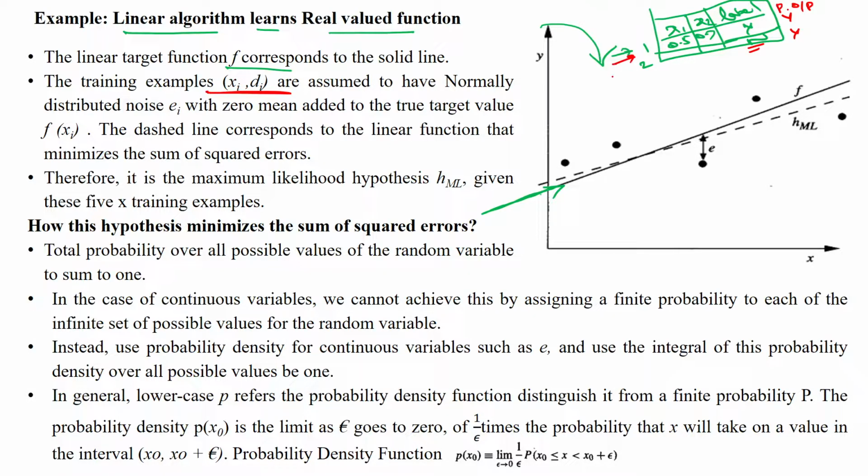For those predicted outputs, we draw a line using the linear function. This dotted line is calculated for the predicted outputs. You see there is a slight difference between the predicted output line and the actual output line.